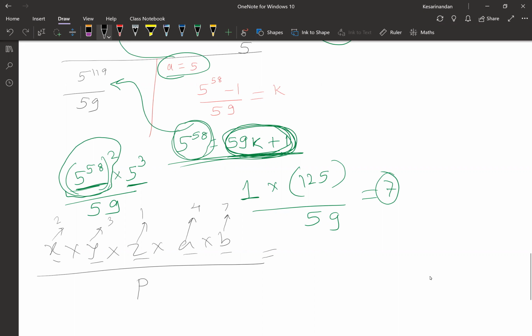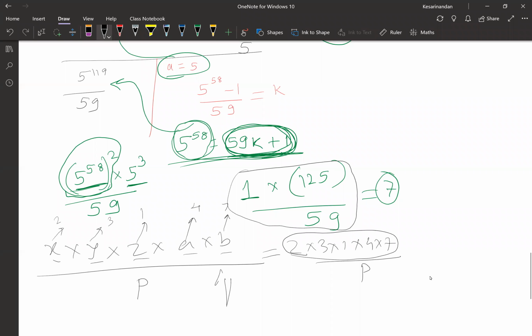The final remainder would be 2 into 3 into 1 into 4 into 7 divided by p. If this number is less than p, this is the remainder. If this number is greater than p, then again divide by p and find the answer. This is what we have done here. This is, you could say, your shortcut to the remainder theorem, shorter version.